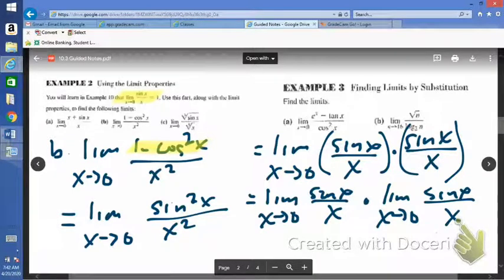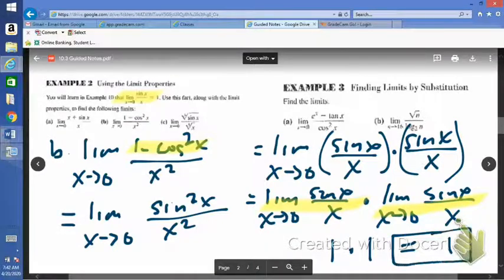Okay, so the limit as x approaches 0 of sine x over x, that's 1, times this right here, that's going to be 1 also. So 1 times 1 is equal to 1. So for B, our limit is 1.